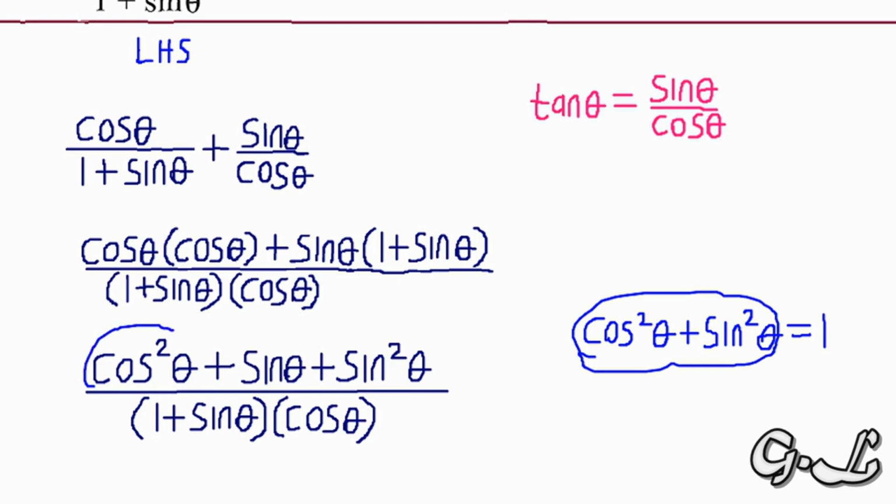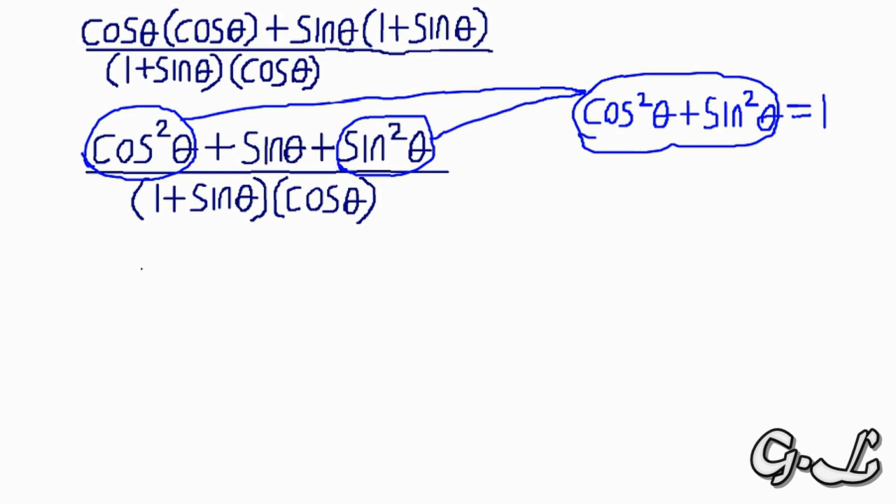So we can replace the combination of cos squared theta and sine squared theta with 1, simply because cos squared theta plus sine squared theta equals 1.